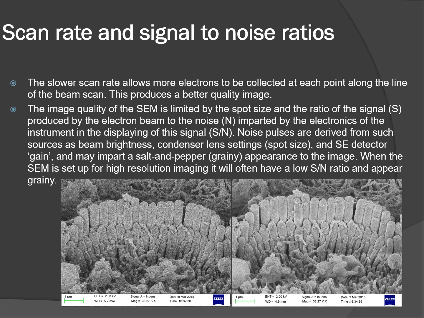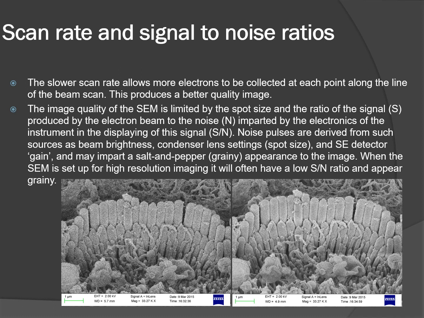Scan rate and signal-to-noise ratio. The slower scan rate allows more electrons to be collected at each point along the line of the beam scan. This produces a better quality image. The image quality of the SEM is limited by the spot size, and the ratio of the signal produced by the electron beam to the noise imparted by the electronics of the instrument in the displaying of the signal.